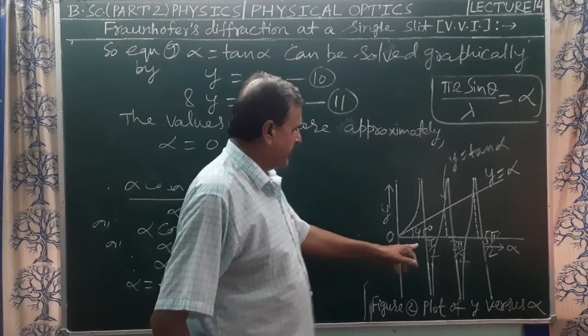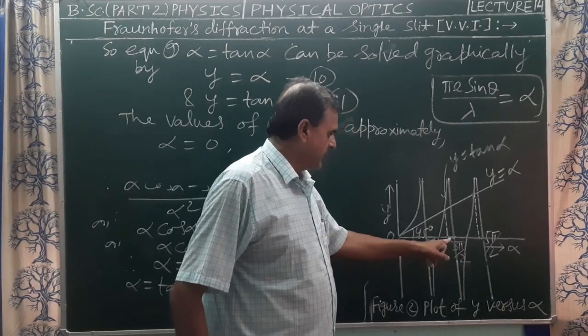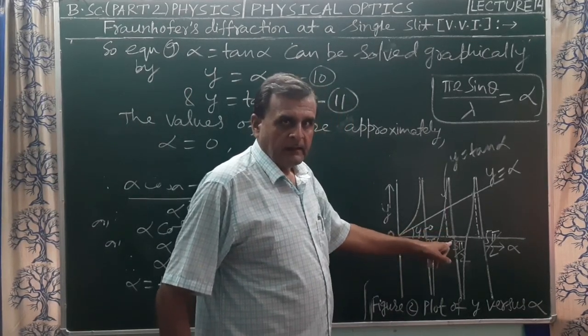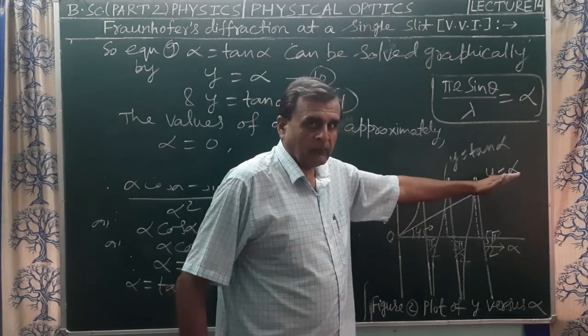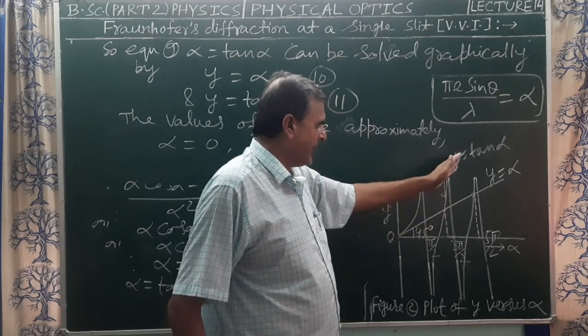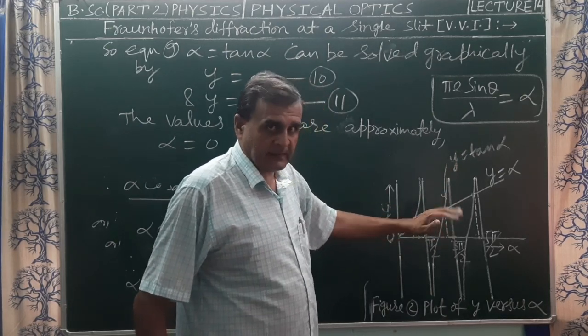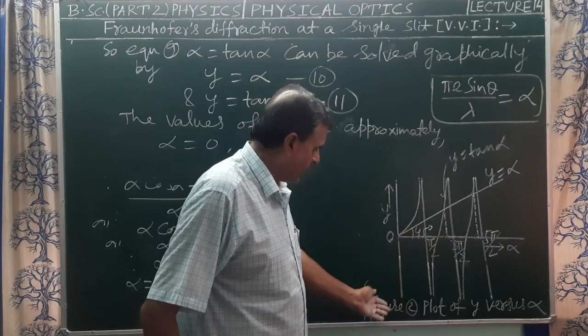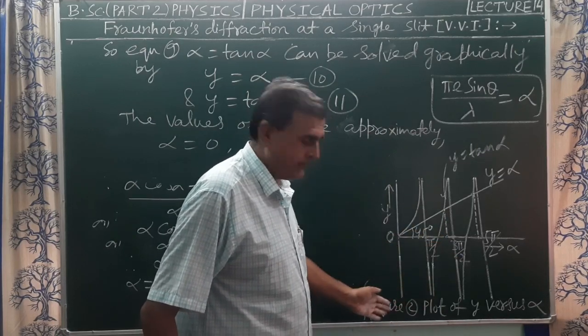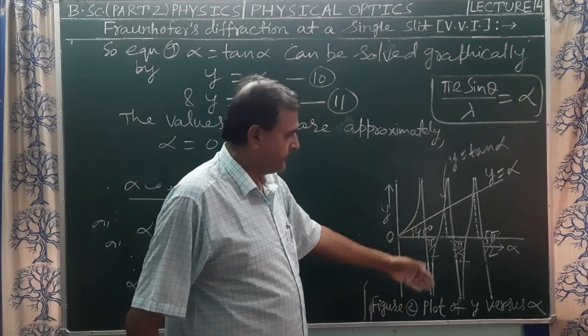Another position is near alpha is equal to 3 pi by 2. Approximately at 3 pi by 2, both the straight line y is equal to alpha and the curve y is equal to tan alpha intersect, which is indicated in this plot of y versus alpha given in figure 2.